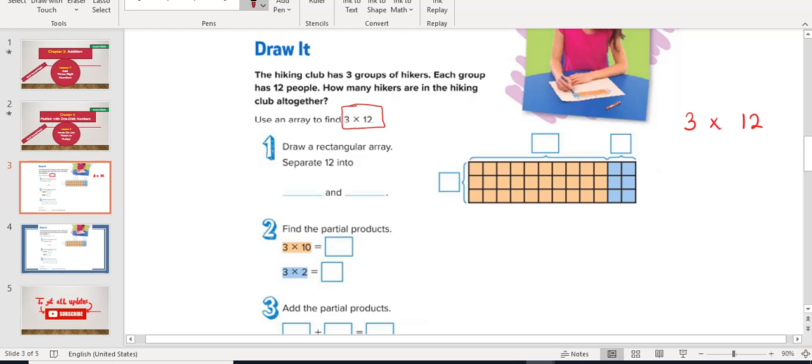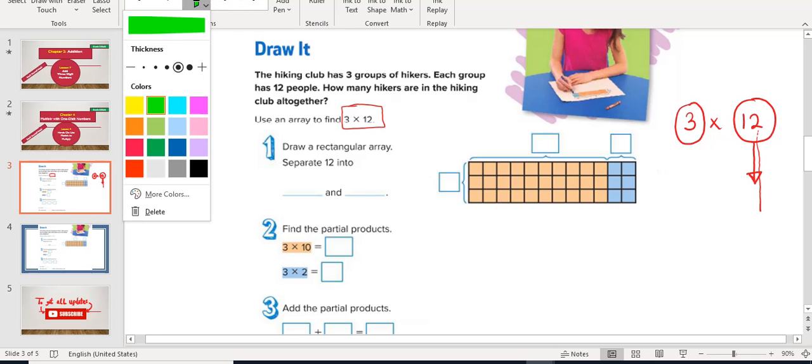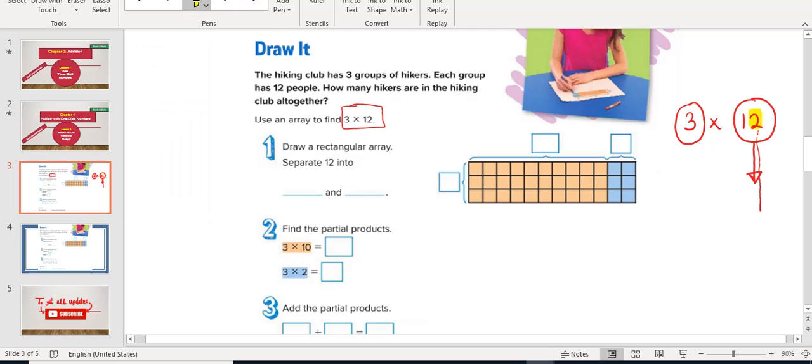Okay, so the first thing you will do is note that there is a 1-digit number and a 2-digit number. So this 2-digit number will be separated into 2. Remember, this number 2 is in the ones place, so which is 2.